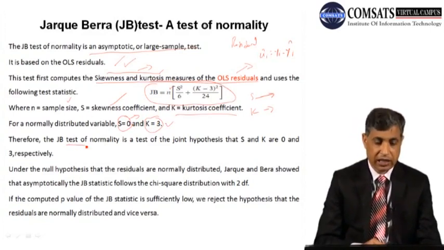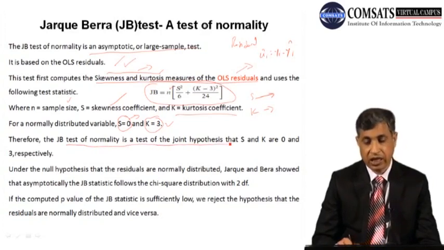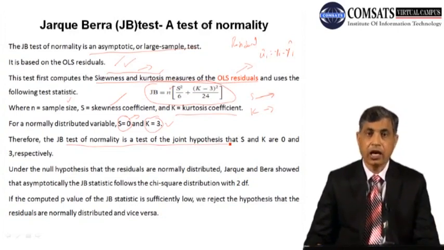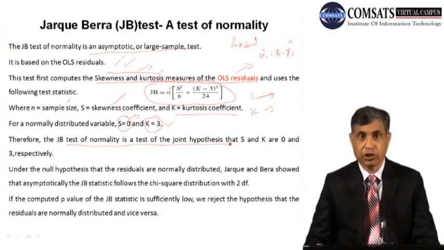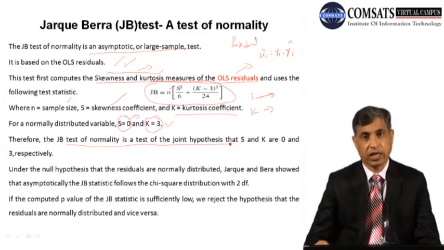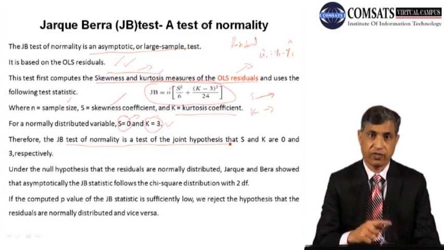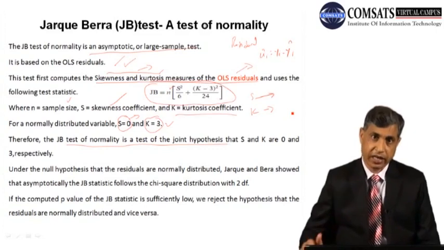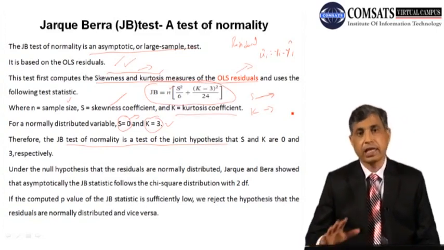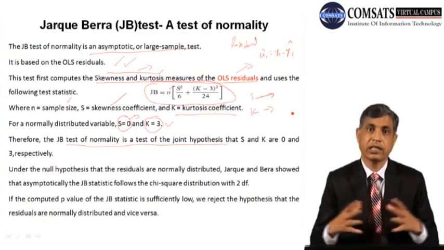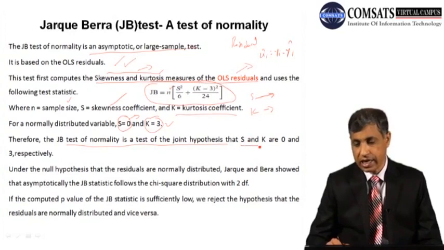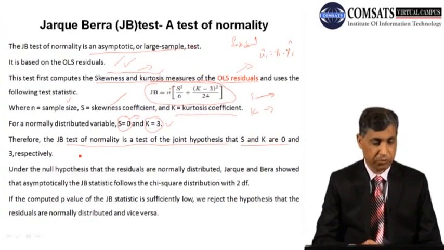Therefore, the Jarque-Bera test of normality is a test of a joint hypothesis. Two things are necessary here for the normality assumption. We keep saying that we require the normality assumption. The Jarque-Bera normality test is a test of the joint hypothesis that S and K are 0 and 3 respectively.